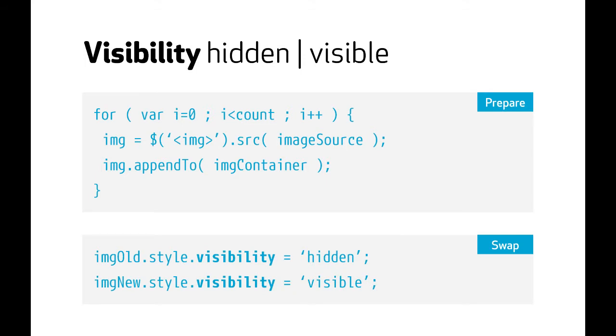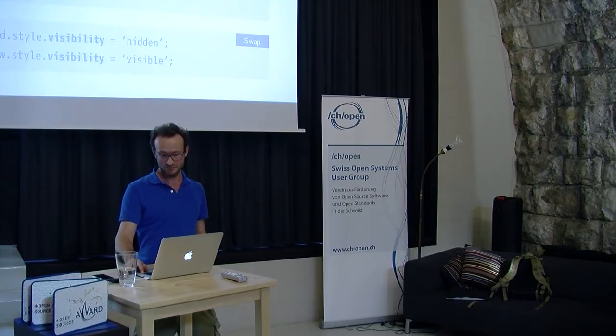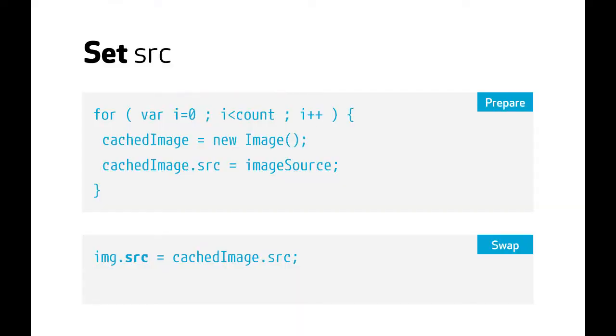If you have visibility, you still have it in the render tree, but I expected a faster performance because you don't have to actually change the render tree of the browser. And the simple source assignment, as we all know it from a long time ago.